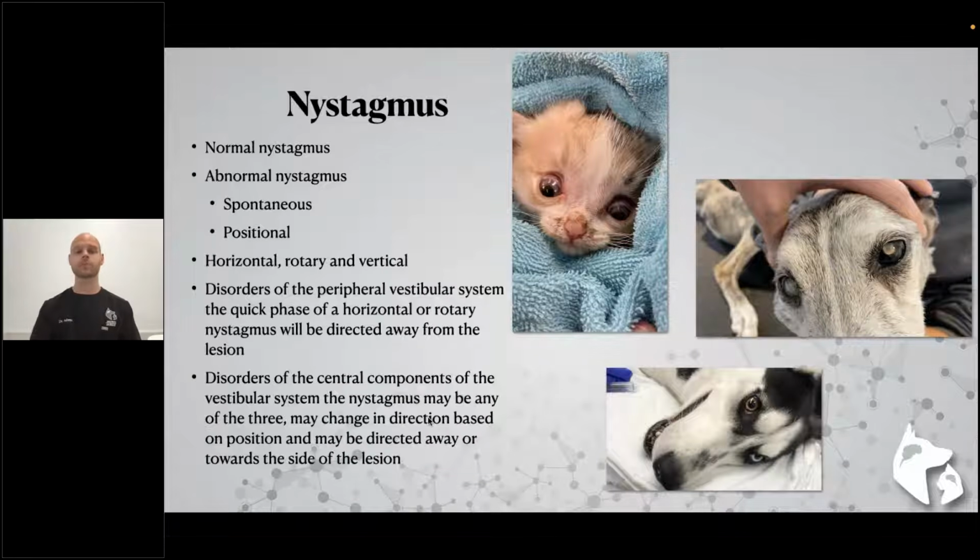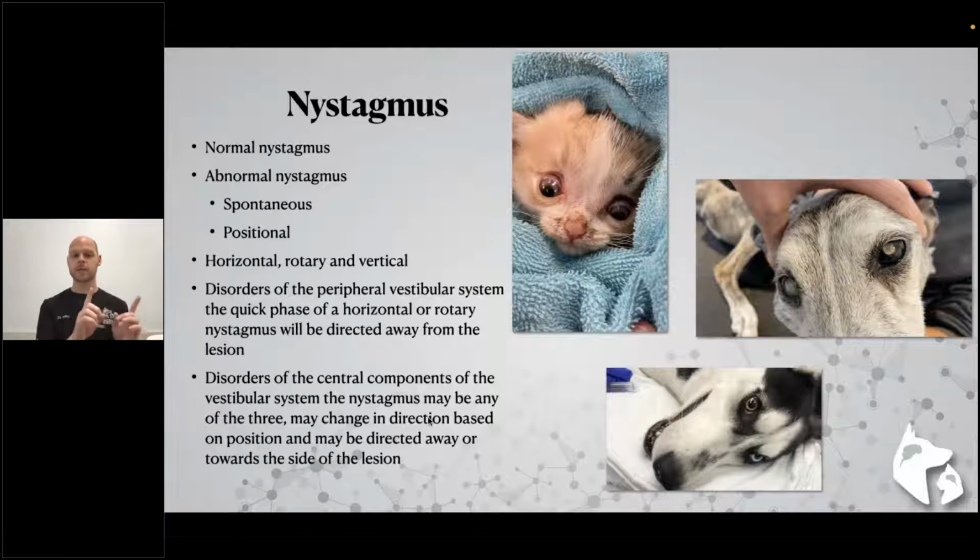When we say that, we want to know where the fast phase is. Or if we're giving you an update on one of your patients and we say they had a horizontal nystagmus with a fast phase to the right, what we're describing is the fast phase. And the fast phase is to the normal side.